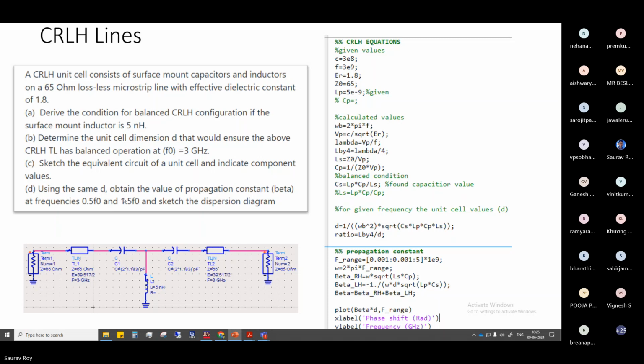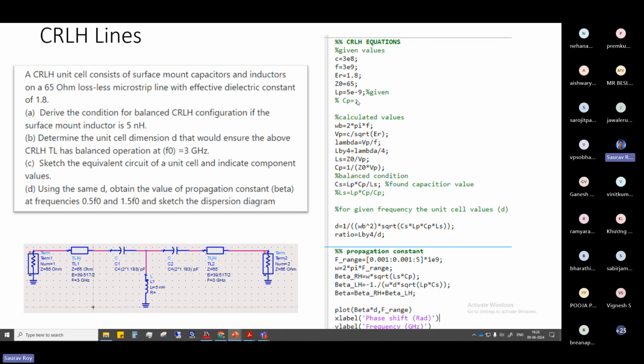So from this, you have to come here. What do we do? We have to follow the equations, which is why this MATLAB code was written. You can see the capacitance and frequency are given. LP is the parallel arm inductance, the SMD inductor, 5 nanohenry is given.